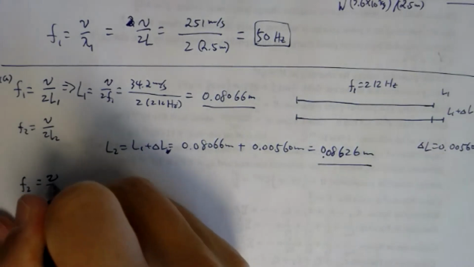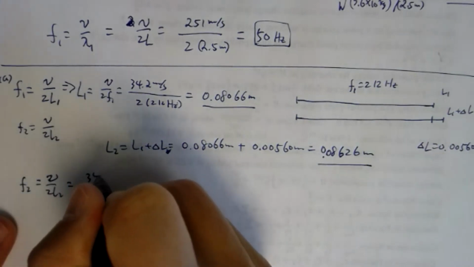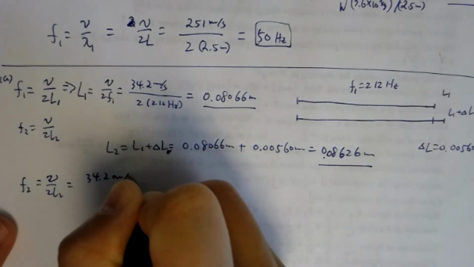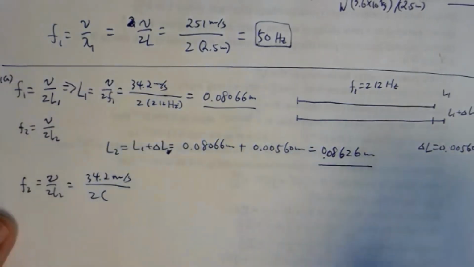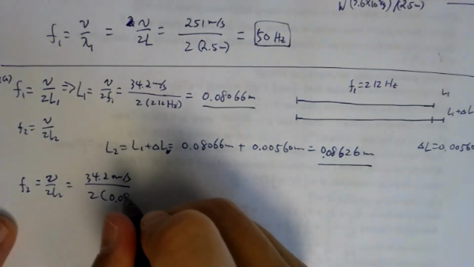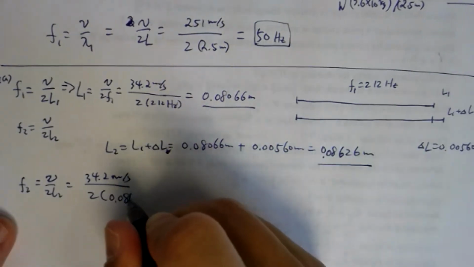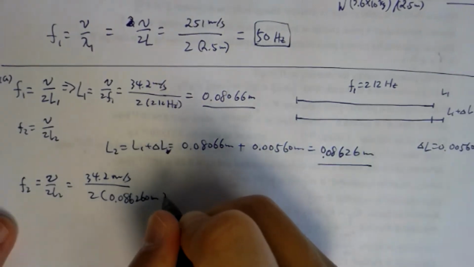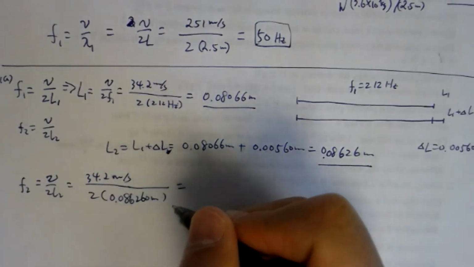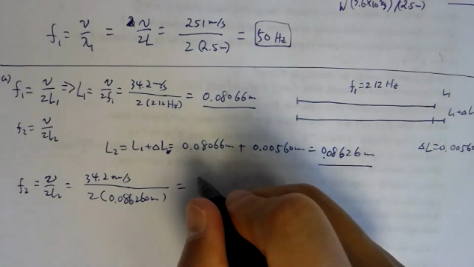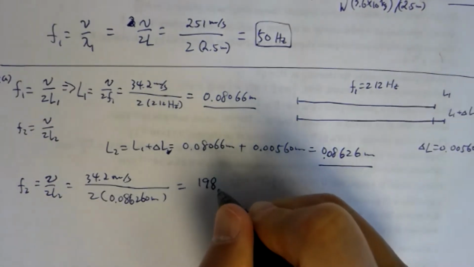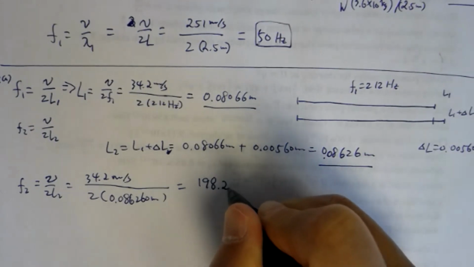So v divided by 2L2, 34.2 meters per second divided by 2 times 0.08626 meters. This gives me my fundamental frequency to be 198.2 hertz.